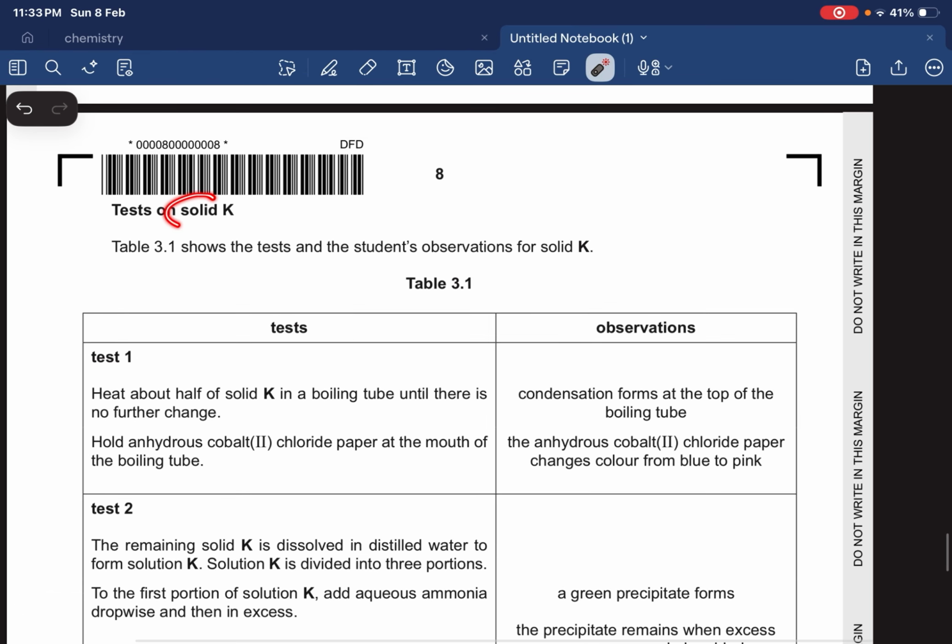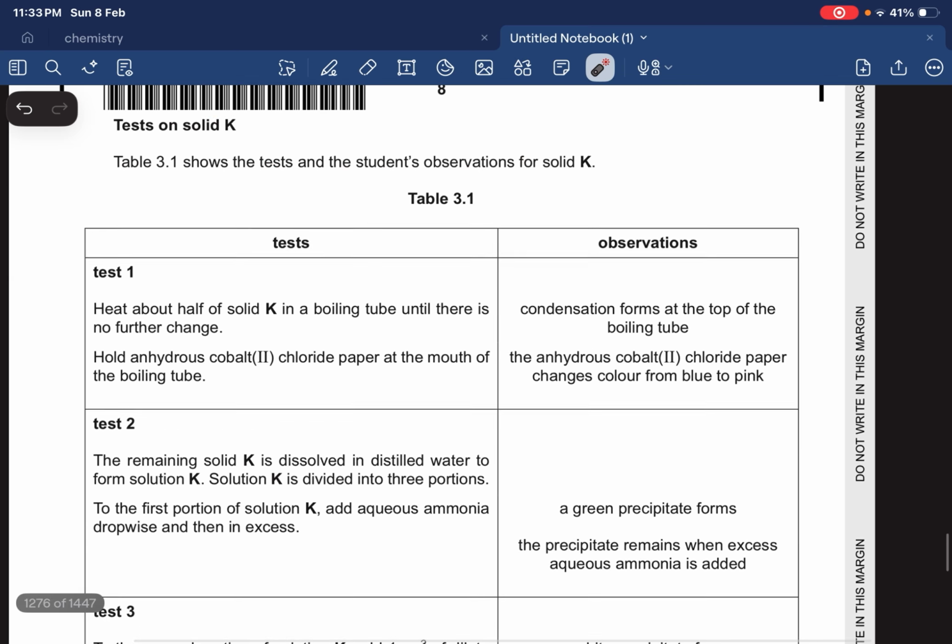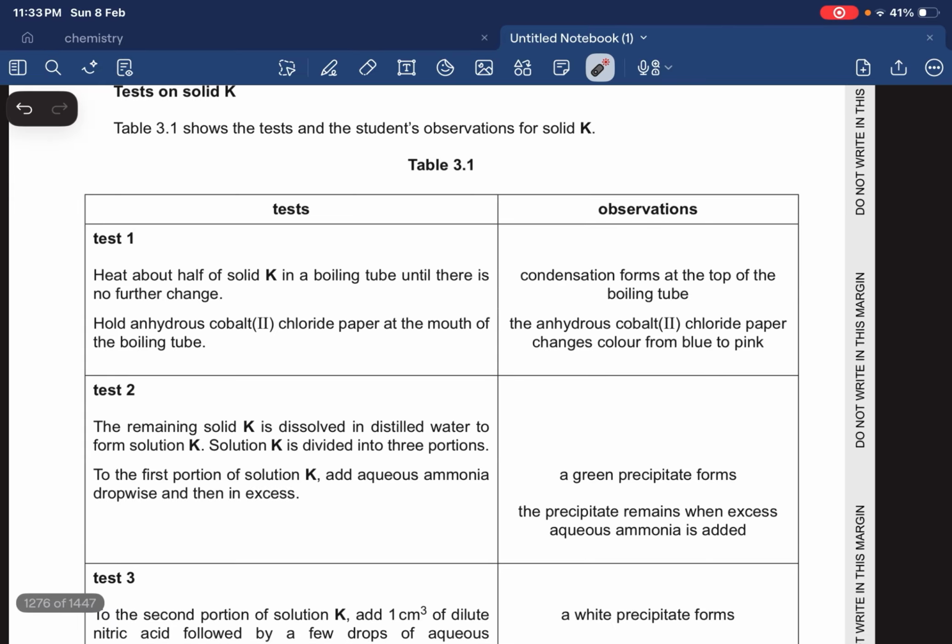Tests on solid K. Table 3.1 shows the tests and the student's observations for solid K. These are the tests. Heat about half of solid K in a boiling tube until there is no further change. Condensation forms at the top of the boiling tube. Hold anhydrous cobalt(II) chloride paper at the mouth.